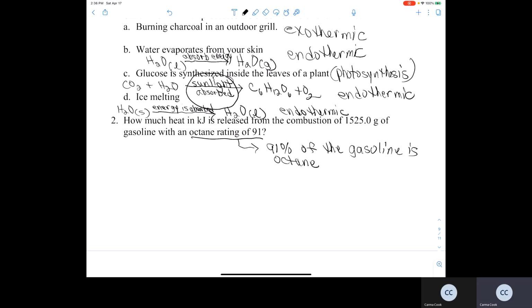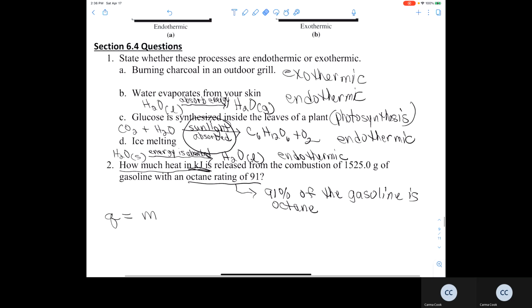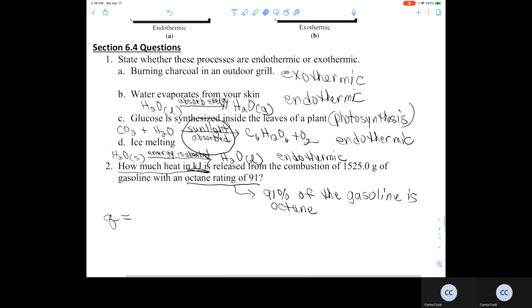And so how much heat in kilojoules, we need to solve for Q, which is the mass of the octane times the delta H of combustion of the octane.